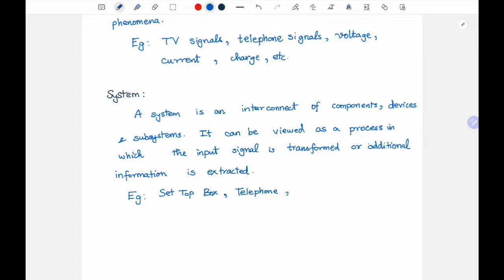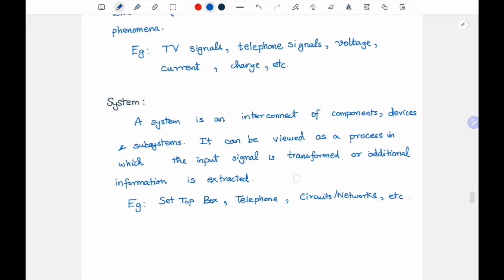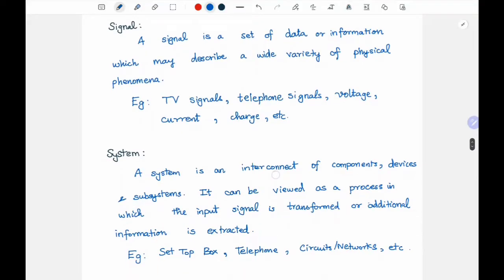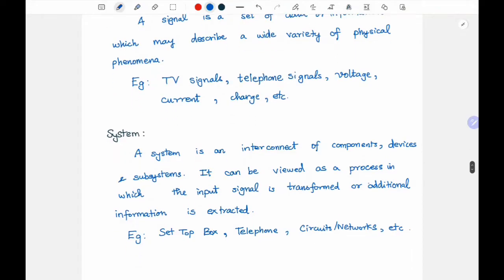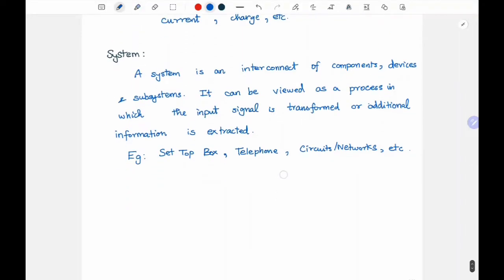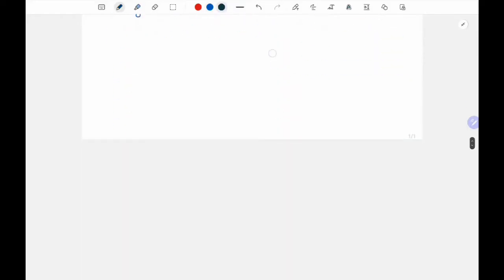And for voltage, current, charge, you can call circuits or networks a system with some inputs and outputs, okay, etc. And we also discussed how to mathematically represent these, right? So signal, it's a function of one or more independent variables, and system, it is the function of the signal itself, okay?